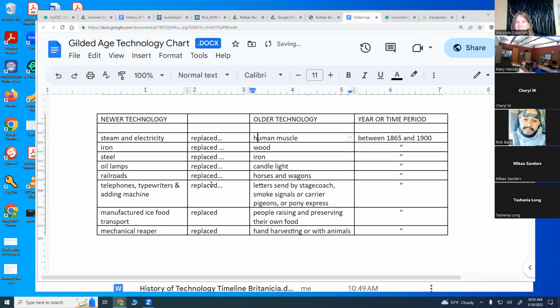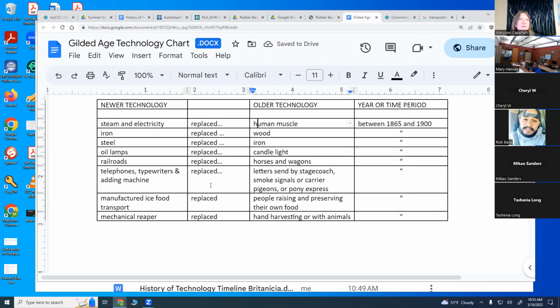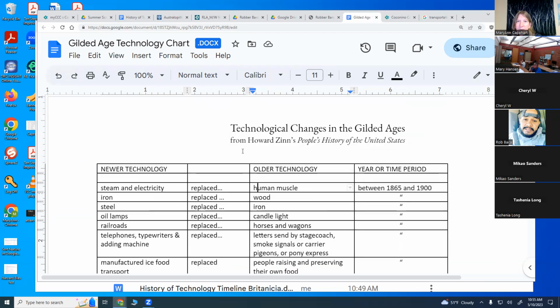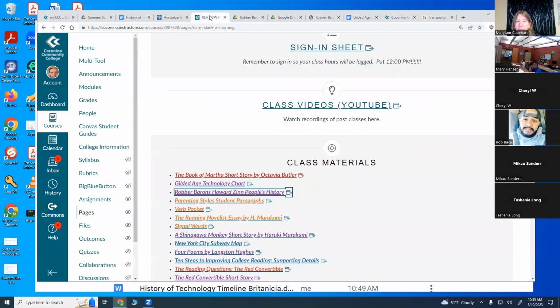Availability of food created bigger families. Sometimes it depended on how people were planning their families, but people lived longer when they were healthier and had better food, and had more babies. All right, so that's that.